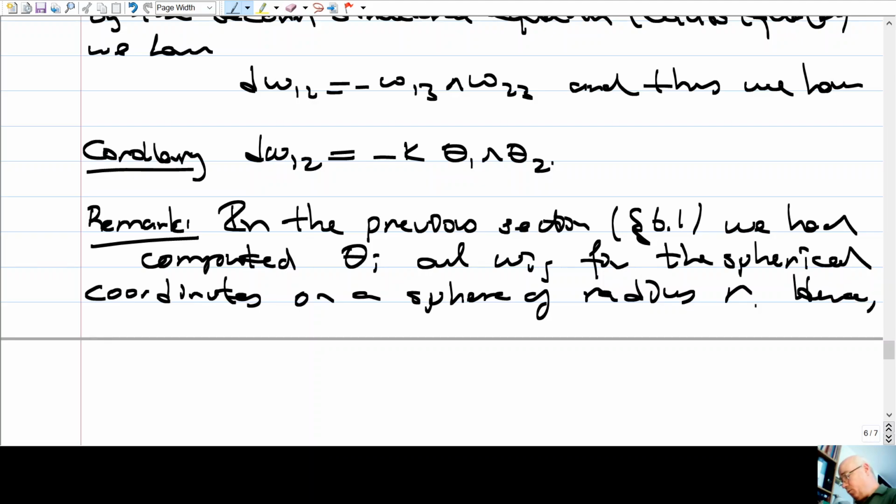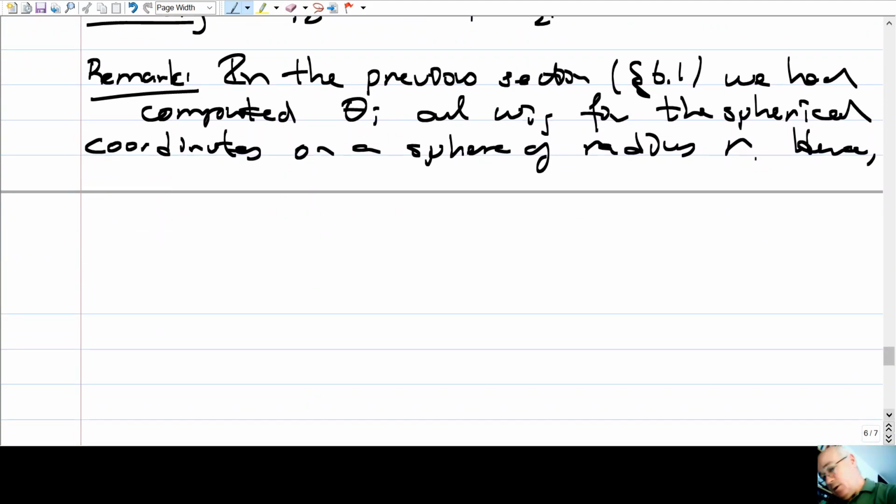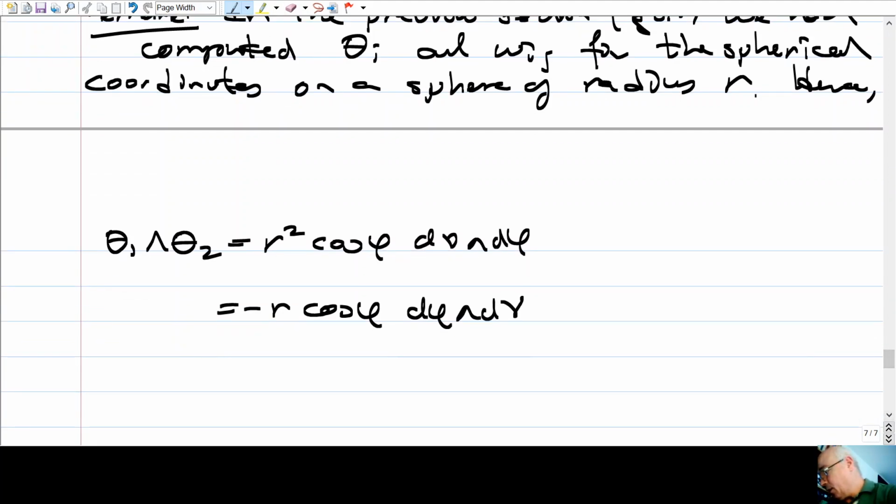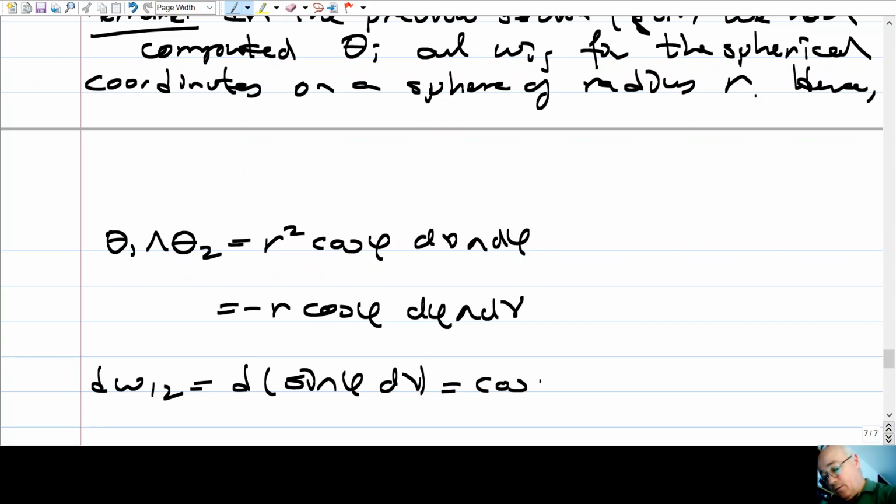Hence, from that computation, we had theta 1 wedge theta 2 equal to r squared cosine phi d nu d phi, which is of course minus r squared cosine phi d phi d nu, and we know that d omega 1 2 was this, which is just cosine phi d phi d nu.